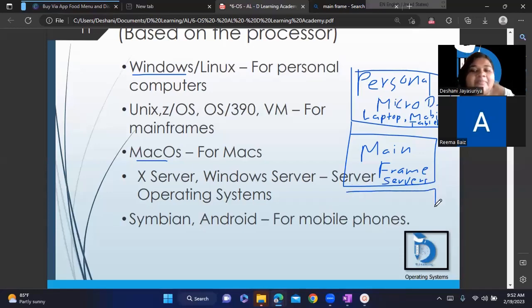Another type of operating system is used in supercomputers. But a mainframe is slower than a supercomputer; from the name itself, it says super. That's why it is used in places like NASA and for military requirements in countries like Russia.